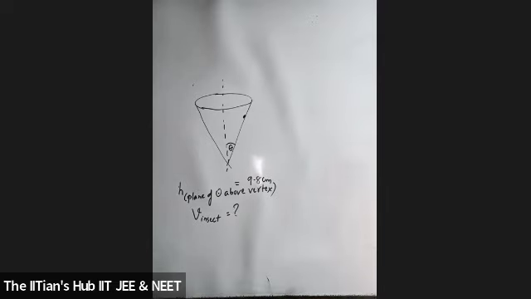The particle or the insect is said to move in a circular plane, smooth horizontal surface, students, of a cone. The height of plane of circle above the vertex is 9.8 centimeter. What is the speed of the insect or speed of the particle?